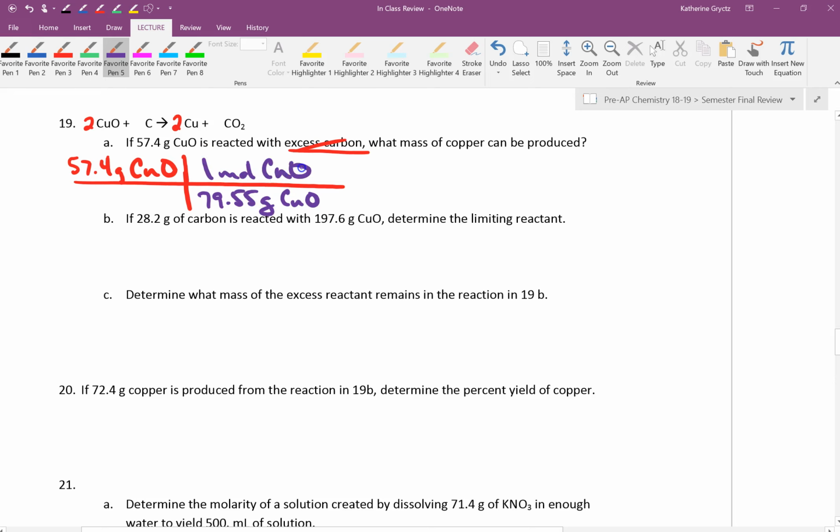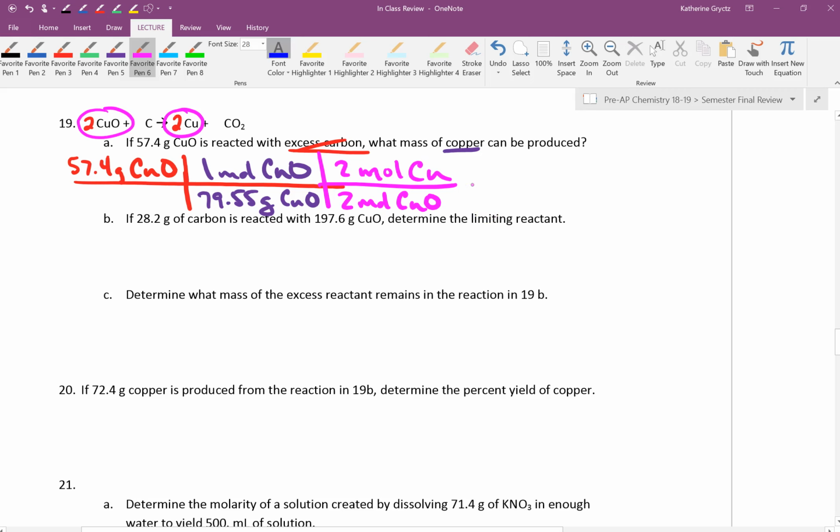Okay, but this one we're going to convert to mass of copper. So we're right here, and we're trying to get over here, and so this is a mole to mole ratio, which we're going to convert. So we use the coefficients. So 2 moles of CuO, 2 moles of Cu. Alright, so then this is a pretty easy calculation.